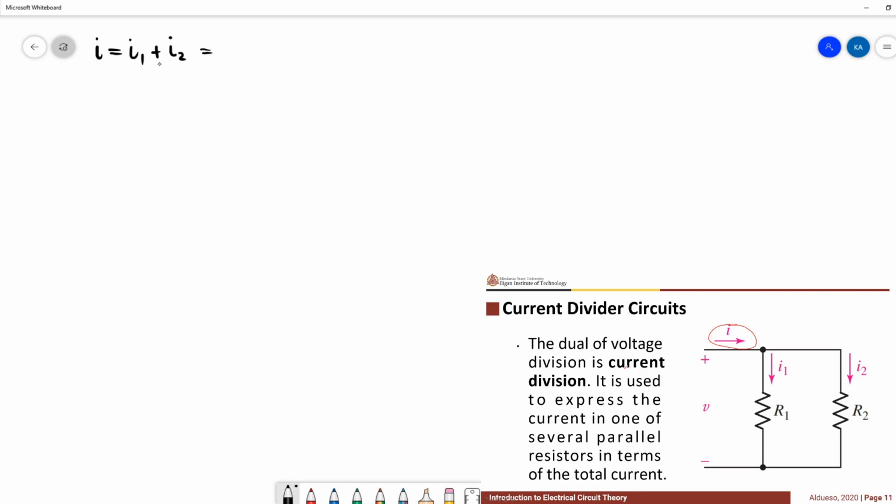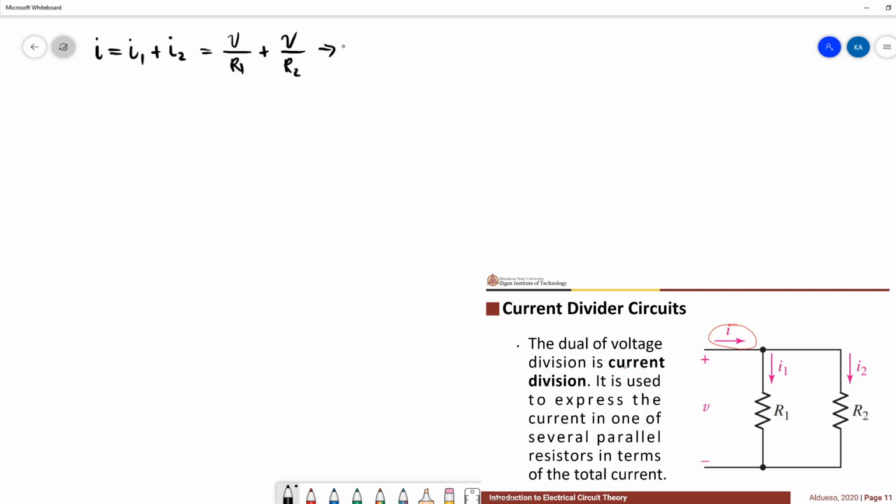Let's express the currents I1 and I2 in terms of the voltage V. So since they are connected in parallel, R1 and R2 have the same voltages. We have V over R1 plus V over R2.